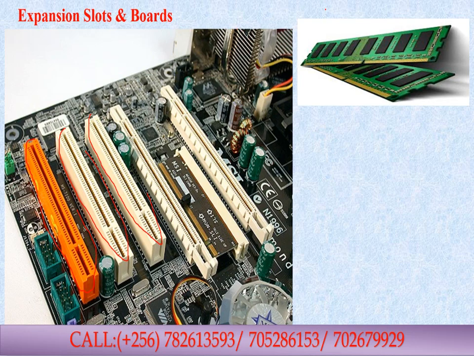So these are part of the cards you can buy, like this one, memory cards or RAM chips, whereby you may want to get any and fix them here, slot them in to expand the memory capacity.